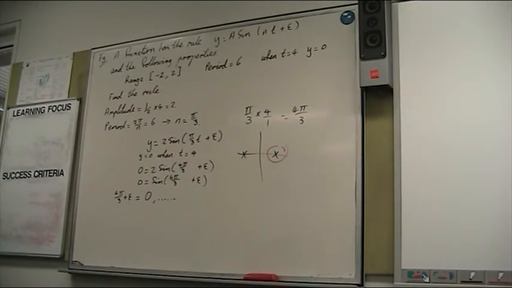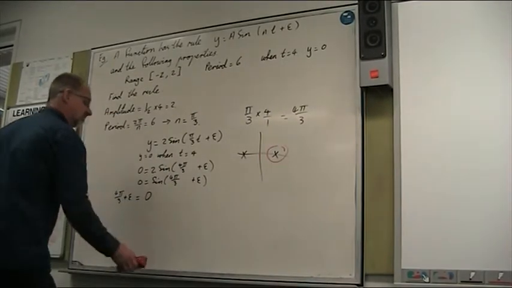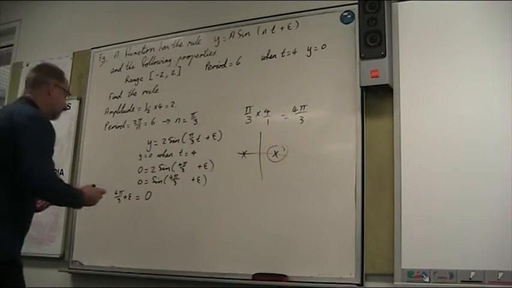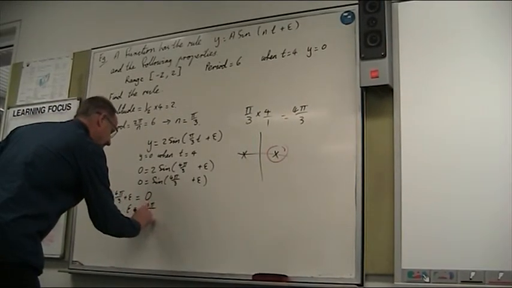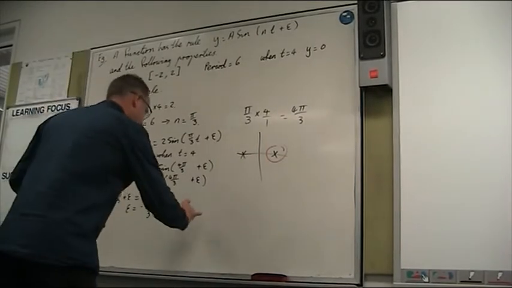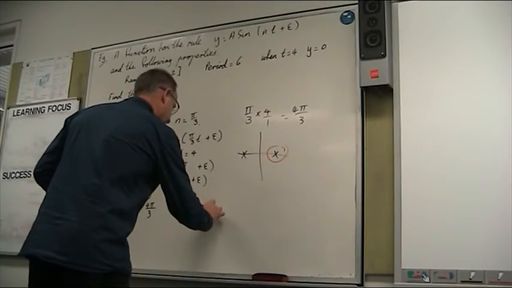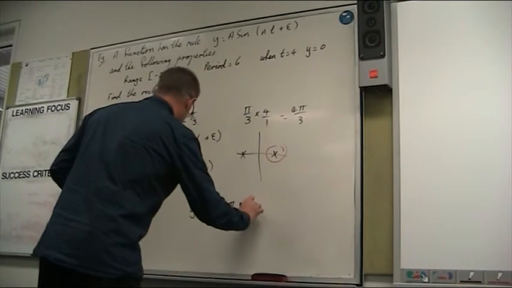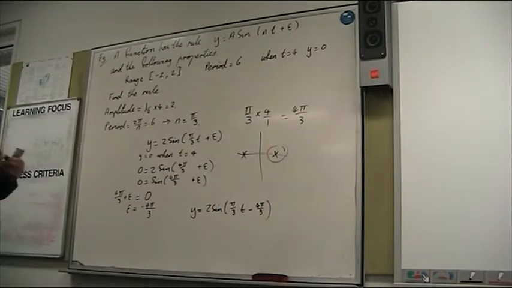If 4 pi on 3 plus epsilon is equal to 0, epsilon has got to be negative 4 pi on 3. So our equation, or our rule I should say, is 2 sine (pi on 3 t minus 4 pi on 3). That's it.